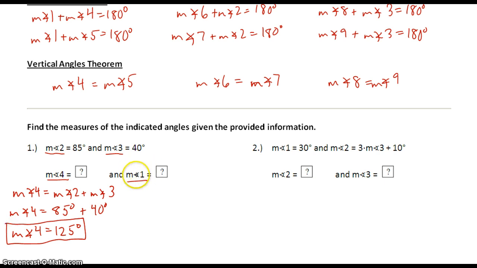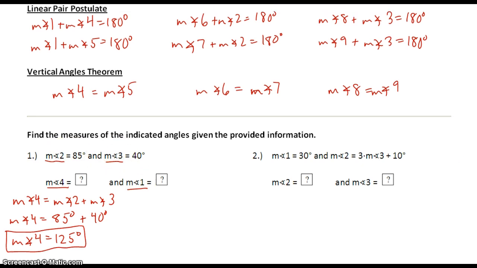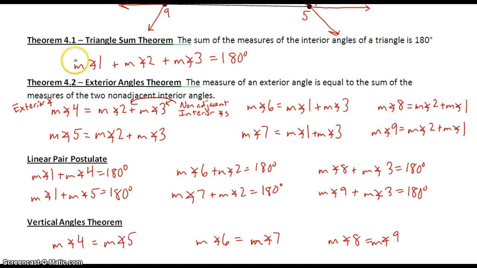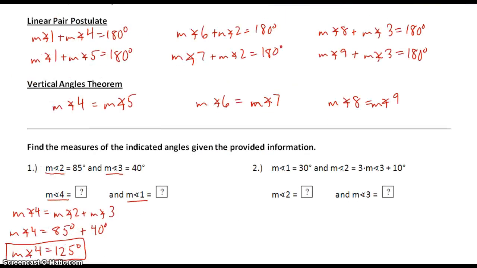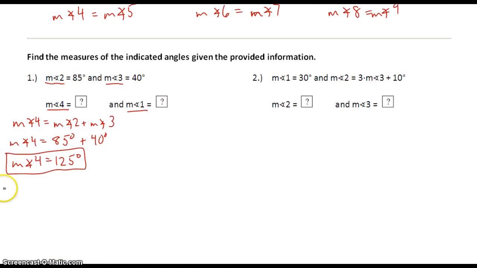To figure out angle 1, I need to find an equation that has 1, 2, and 3. Well, if I look, this very first equation has angles 1, 2, and 3 in it. So that's my starting point. The measure of angle 1 plus the measure of angle 2 plus the measure of angle 3 equals 180 degrees. Plug in what I know.